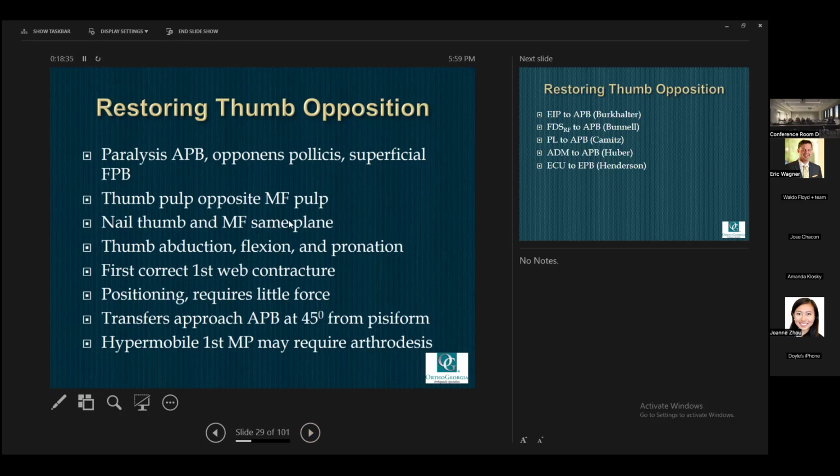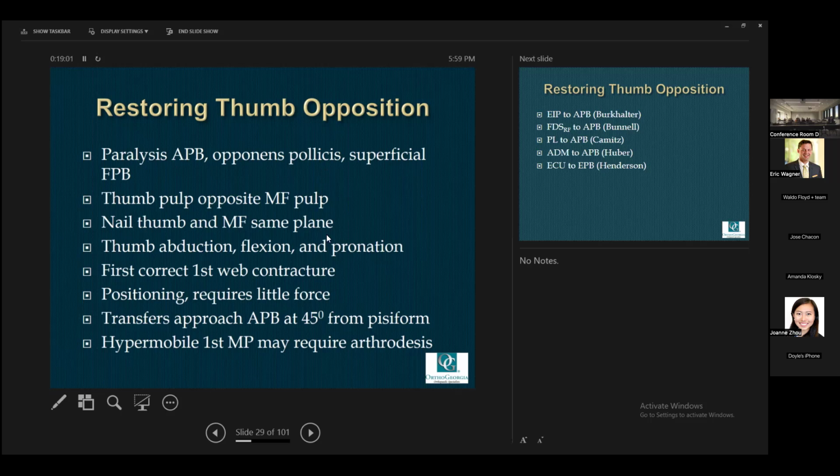So with thumb loss of opposition, there is paralysis in these three median innervated muscles. Opposition requires the thumb pulp to be opposite the middle finger pulp, with true opposition, the plane of the thumb and the plane of the middle finger are the same.